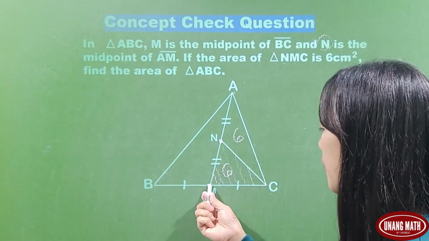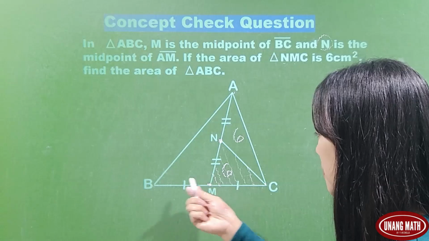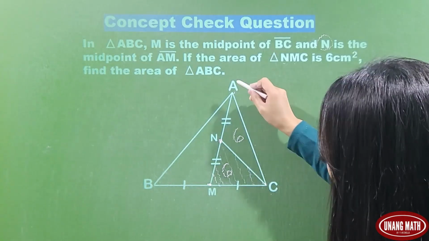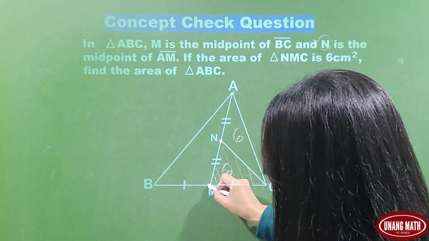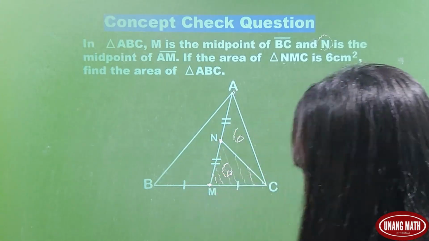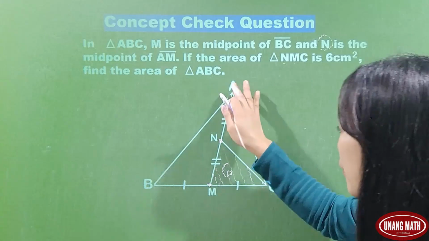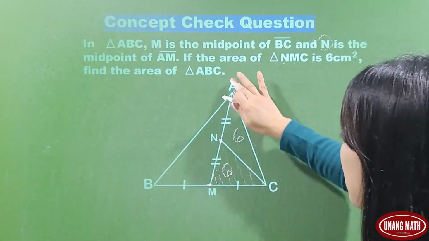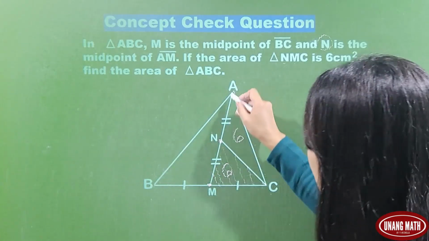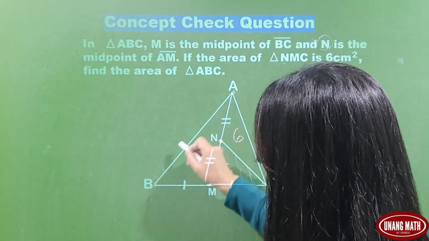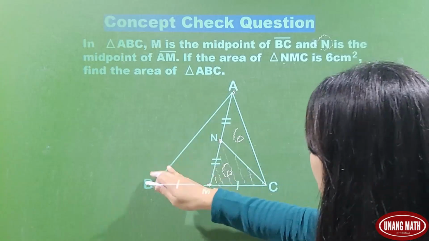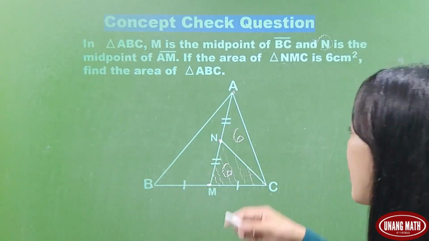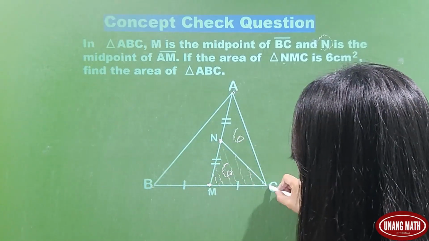Also, point M is the midpoint of segment BC. So from this vertex of triangle ABC to this midpoint, segment AM is a median for triangle ABC. So triangle ABM has the same area as triangle AMC.